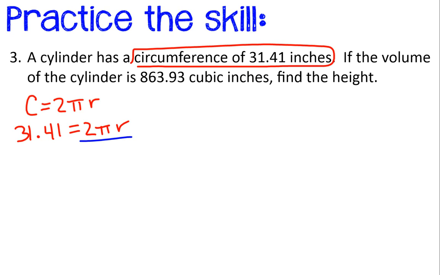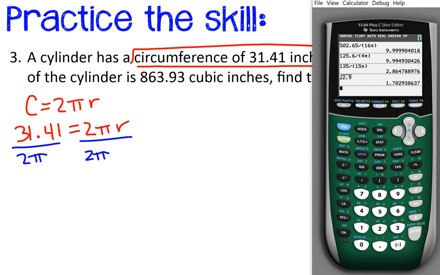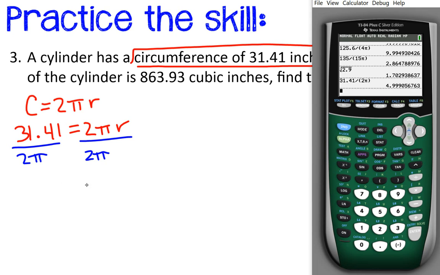Divide both sides by 2 pi and you'll know your radius. 31.41. There we go. So the radius is approximately 5.